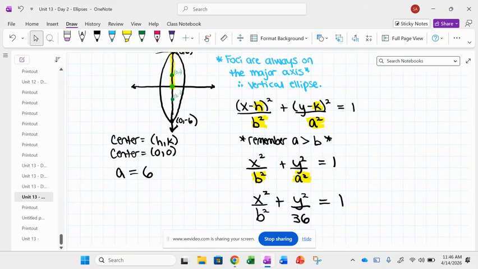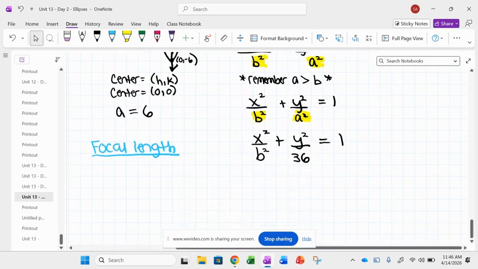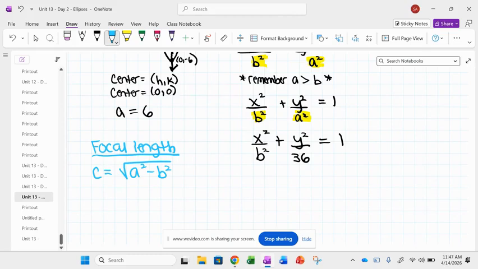The only other information we have are the foci, the coordinates of the foci, right? 0, 2 and 0, negative 2. Now we did have a formula that dealt with the foci and it was the focal length. If you guys remember, this was at the end of last class, to find the focal length, it's going to be C equals the square root of A squared minus B squared.